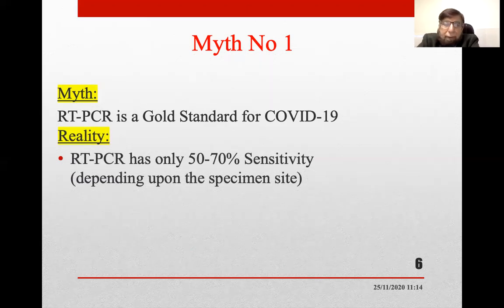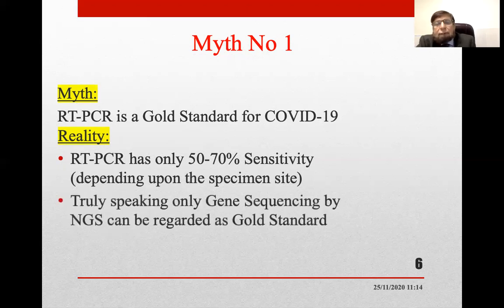Some people say higher sensitivity from the nasal, some say higher from the pharyngeal, and most people agree that sputum has the highest sensitivity. Anyhow, the sensitivity of a gold standard should be nearly 95%, and it is far away from that. So truly speaking, only gene sequencing by next generation sequencing can be regarded as the gold standard.